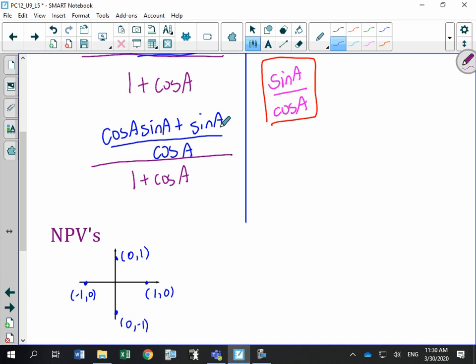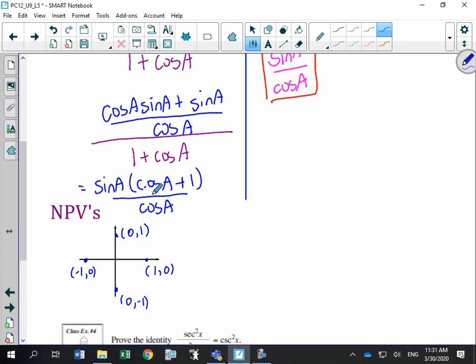So I need everybody to do that. So if I factor out a sine of A, what do I get? Cos of A plus 1 all over the cos of A. And this is being divided by this guy here.